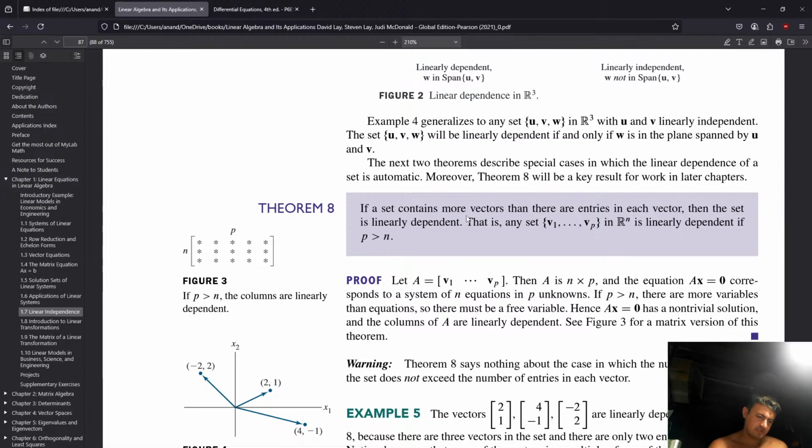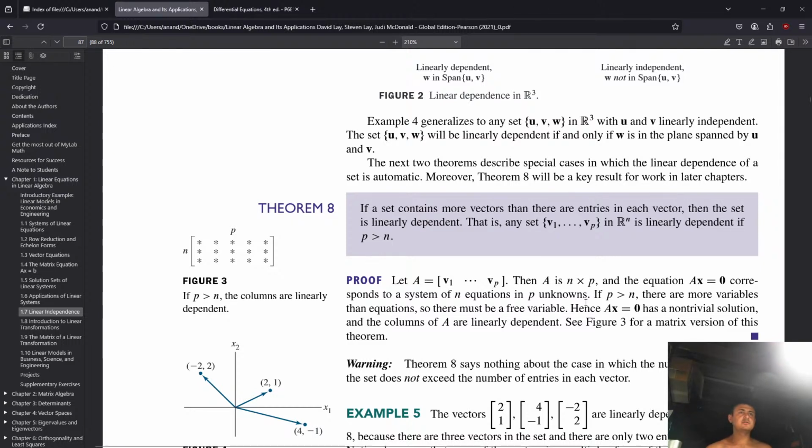If a set has more column vectors than rows, i.e. there's more variables than equations, then the set is linearly dependent.